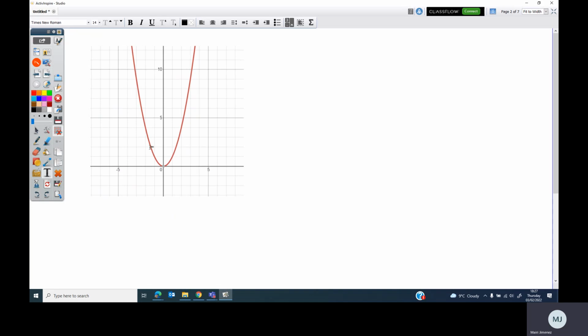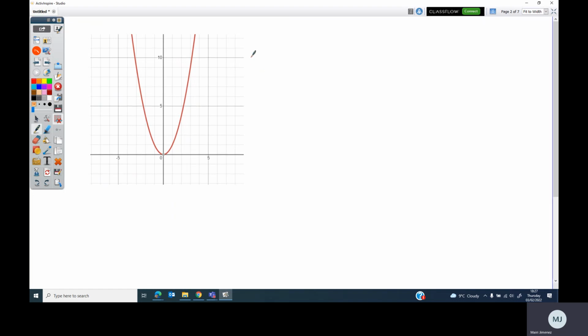So this is the shape of a quadratic function. The equation of this red curve is y equals x squared. A quadratic function has x squared.